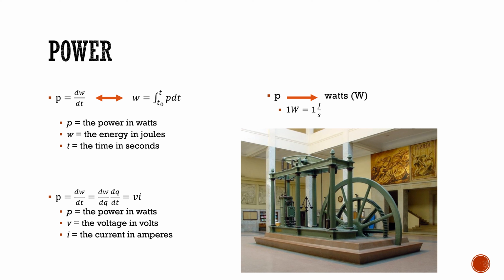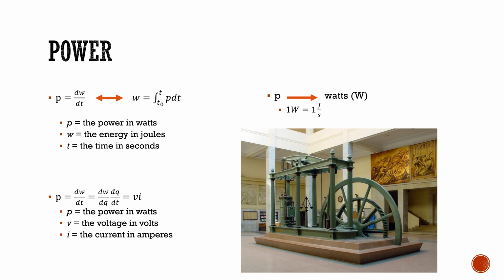The power associated with the flow of charge follows directly from the definition of voltage and current, which allows us to relate power and energy to voltage and current, and our power equation becomes p is equal to v times i, where p is the power in watts, v is the voltage in volts, and i is the current in amperes.